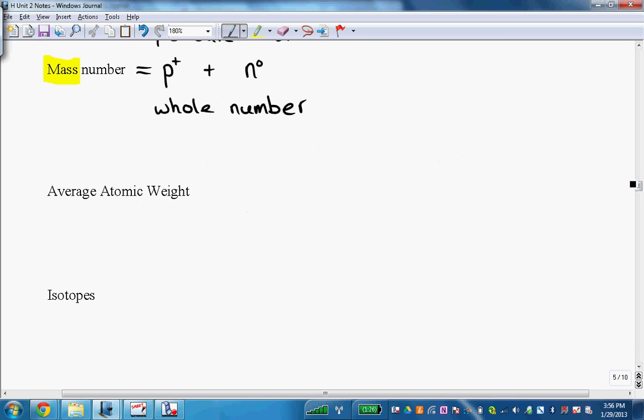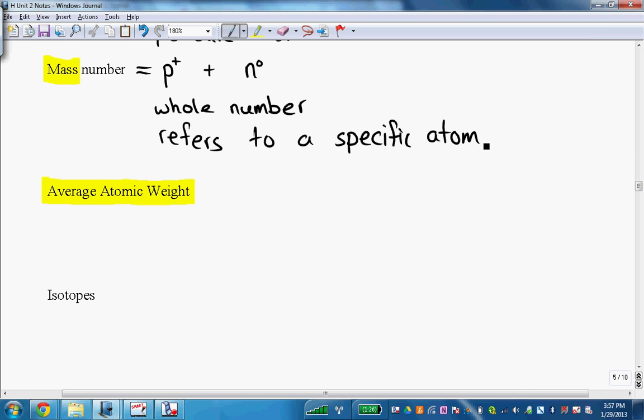And whereas average atomic weight, our next vocab word, will refer to the average of a group of atoms, mass number refers to one specific atom. The mass number is not on the periodic table. The average atomic weight is on the periodic table.